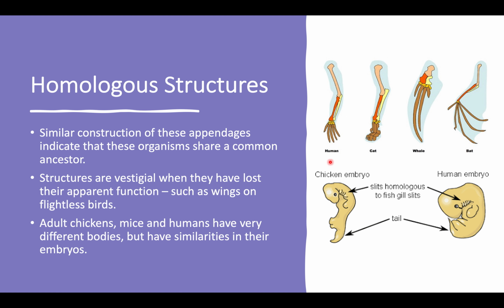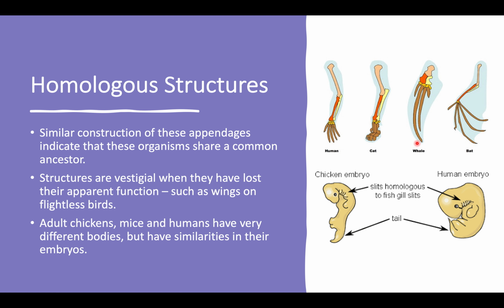So in the very beginning of life, the chicken embryo and the human embryo share very similar physiological characteristics. These are considered, once again, homologous structures. Basically, they're shared within different species and indicate that, in this case, there may be a common ancestor, and this gets more into the vestigial limb portion of the slide.